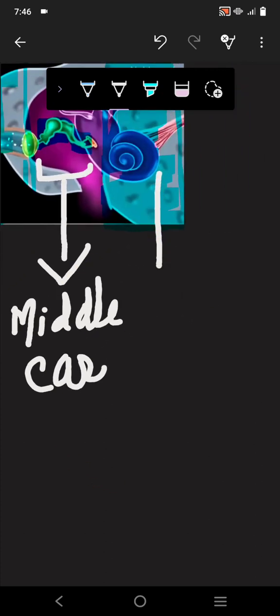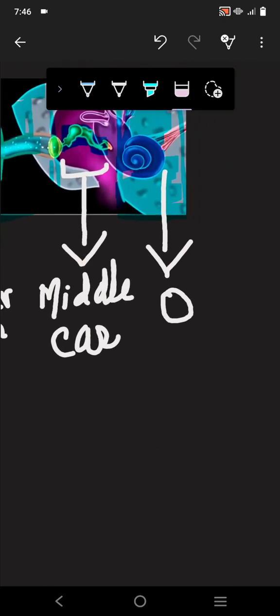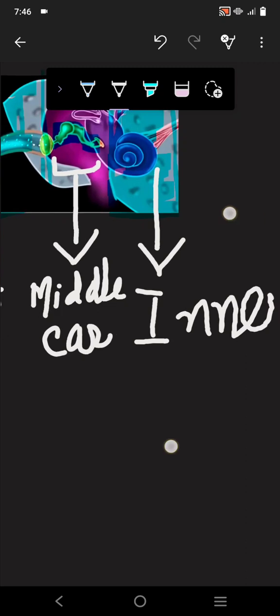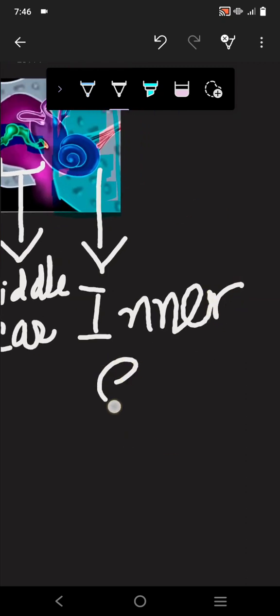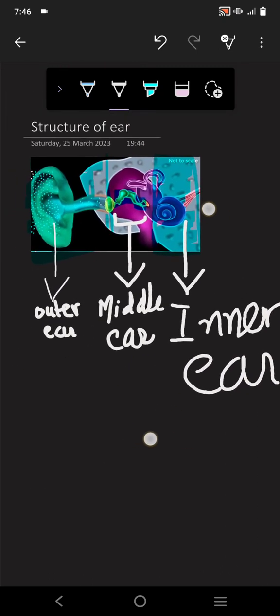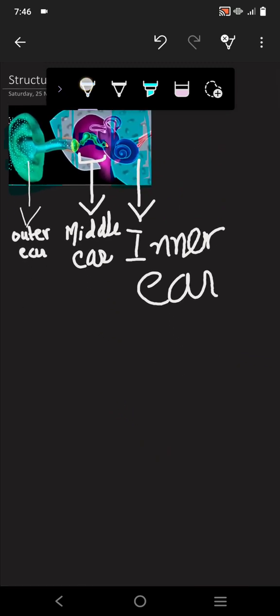And this snail-like part is known as the inner ear. So we'll have a look at what the parts of the ear are.